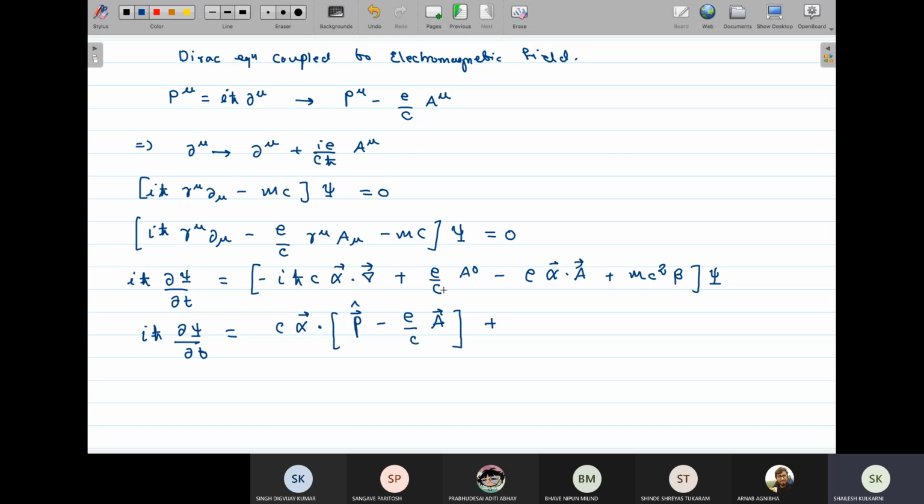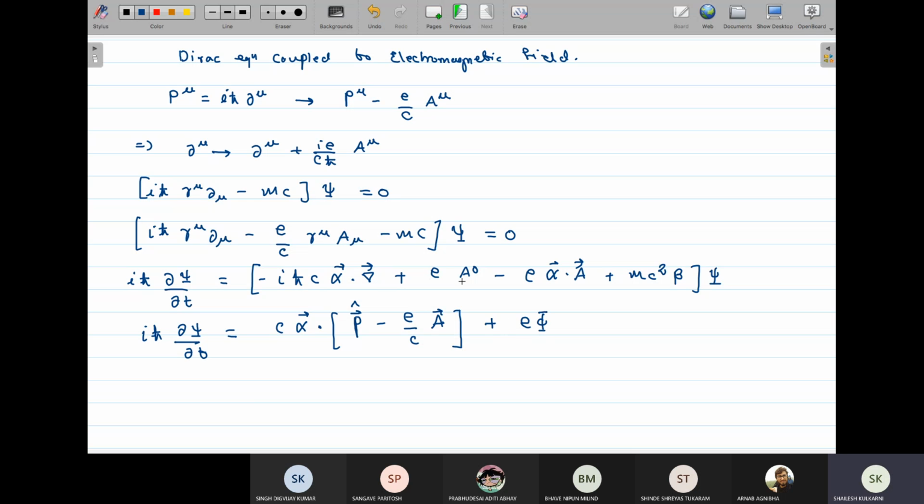There should not be a c. E by c, when I multiply by c, this c should go. So there is no c here, so it is e phi.